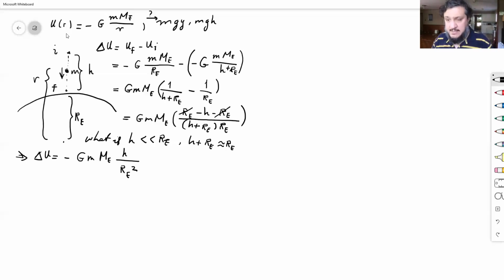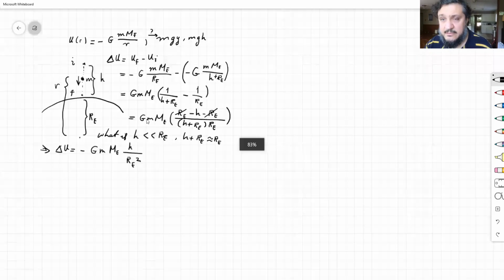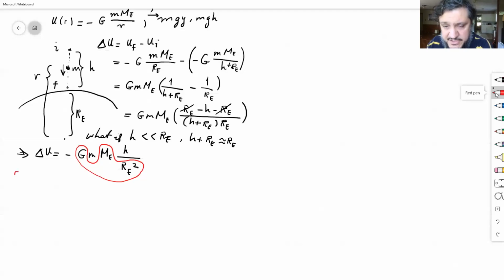Now I want you to remember this quantity here. We have G, RE squared and M. So here, G times ME divided by RE squared, that is little g, the acceleration due to gravity.